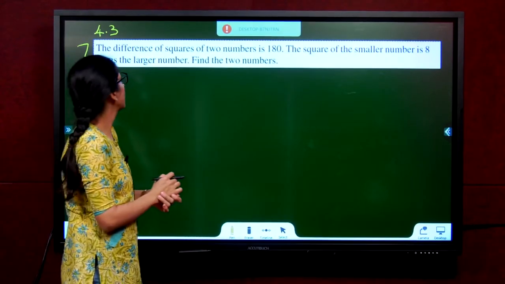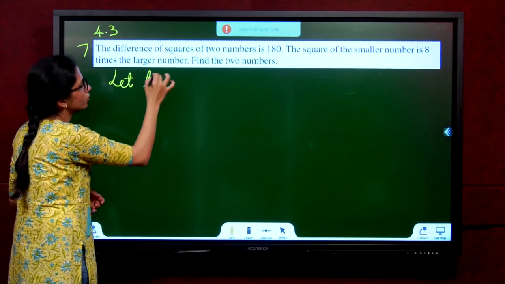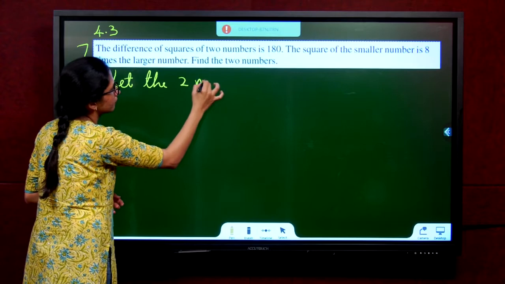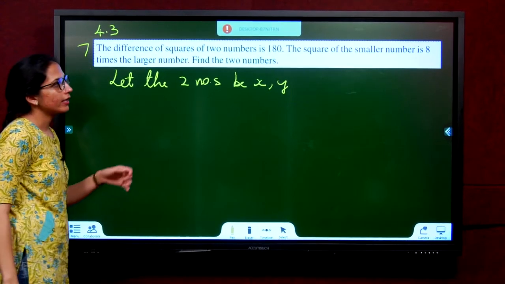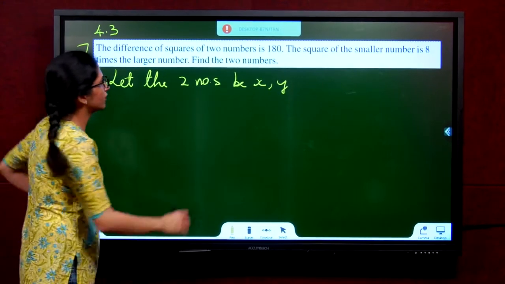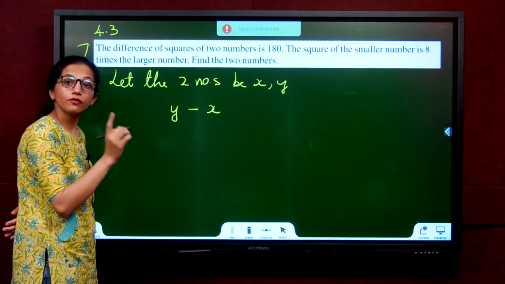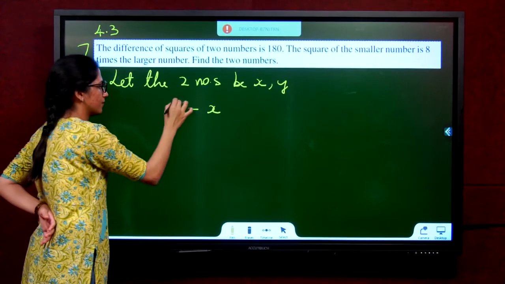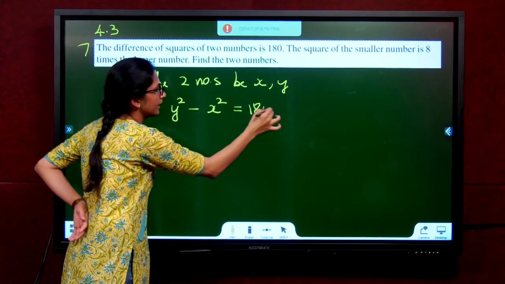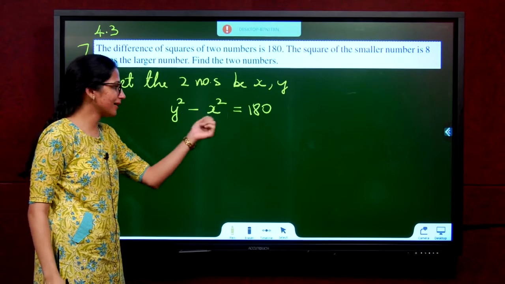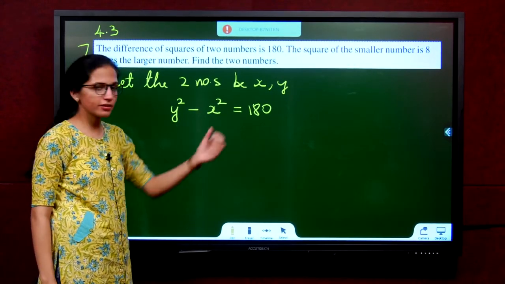Let us see how. Let us first assume there are two numbers. Let the two numbers be x and y. The difference of the squares of the two numbers, not of the numbers but of the squares of the numbers, is 180. But please note, if I am saying y² − x² = 180, y has to be greater than x, then only this is possible.